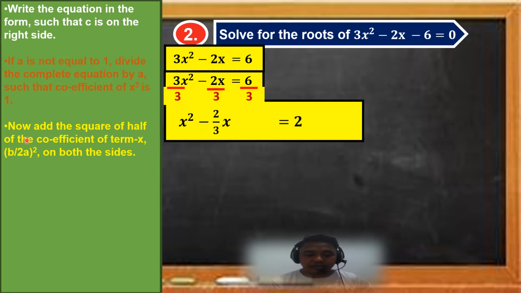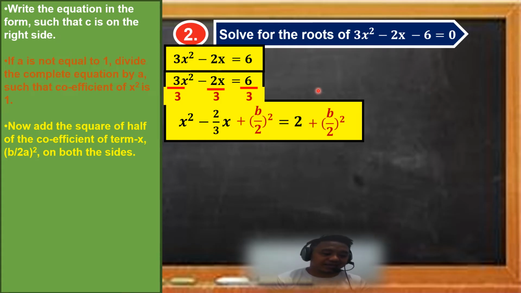Next, add tayo ng b over 2 squared to both sides of the equation. Yan yung ating mahiwagang formula. And i-add natin para maging perfect square trinomial yung ating left side.